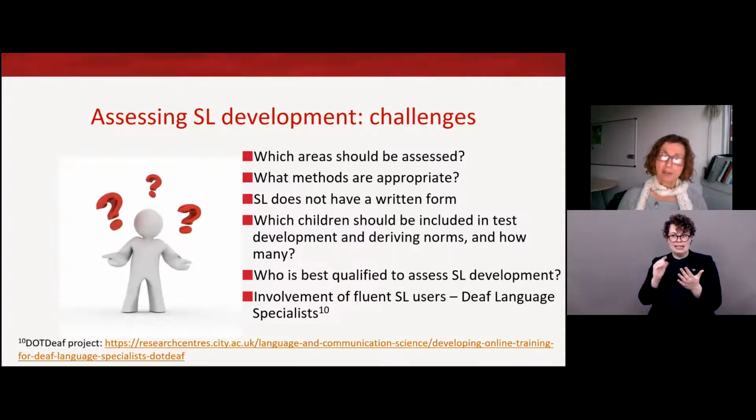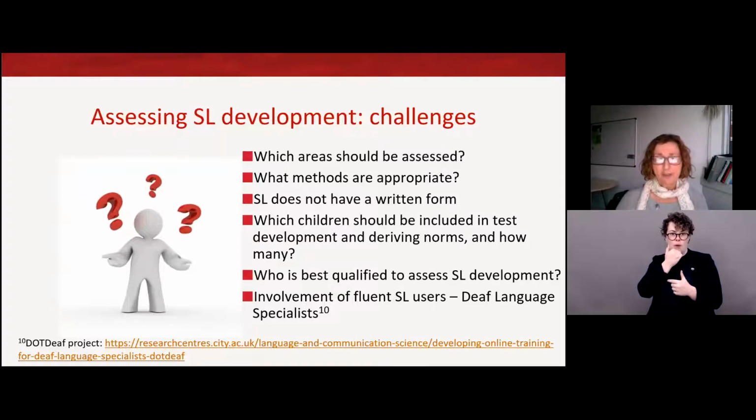We need to think about typical patterns of development that we see in native signers in deaf families, but the test has to be used and applicable more broadly to all children who use sign language. So that includes children from hearing families. So we want to include a whole range of deaf children, and of course as many as we can.